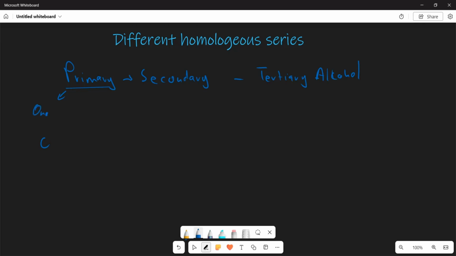Whereas the C that is bonded with an OH in your secondary alcohol is bonded with two carbons, right? And the C that is bonded with an OH in your tertiary alcohol is bonded with three carbons, right? Hopefully this makes sense to you, but we are going to discuss all of these now.